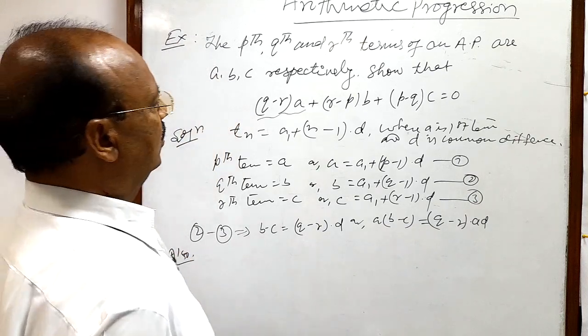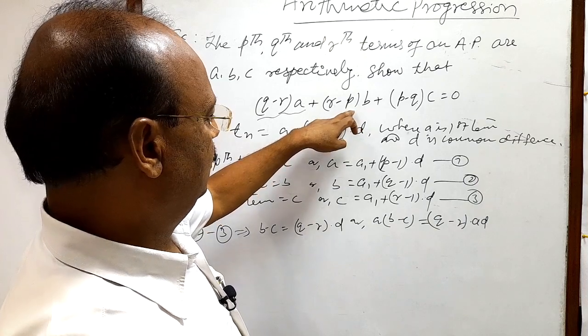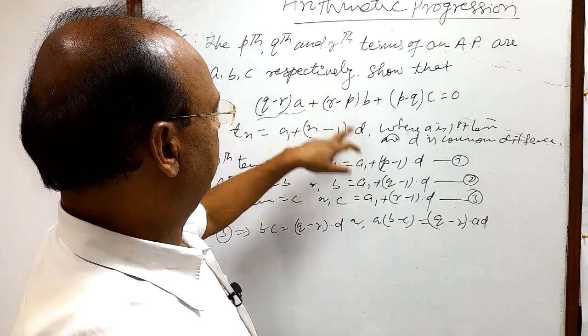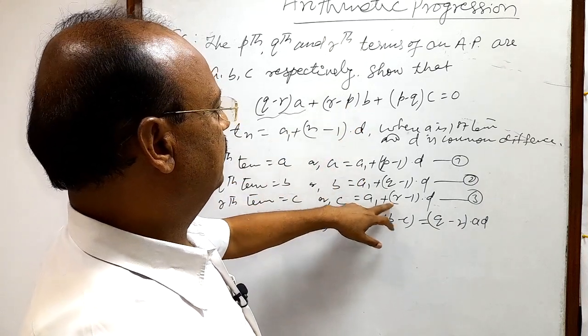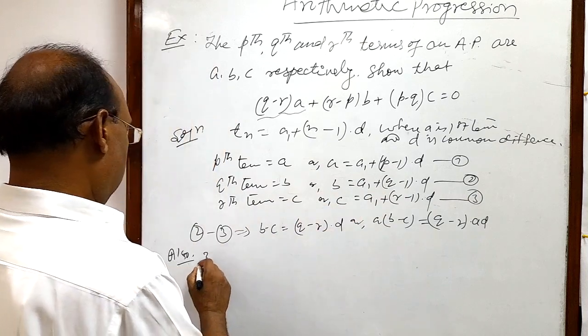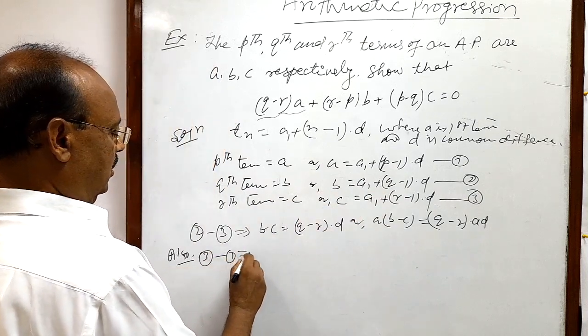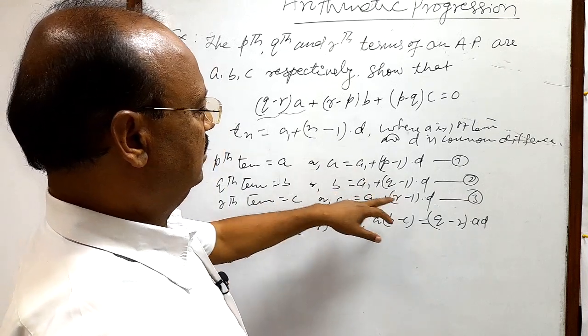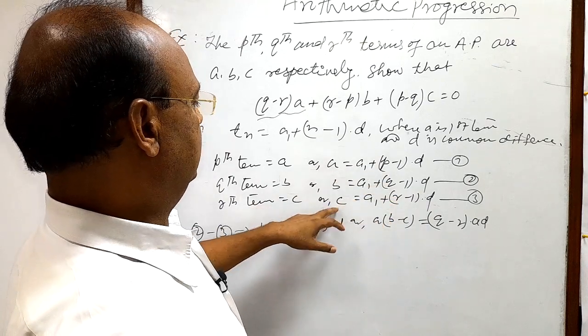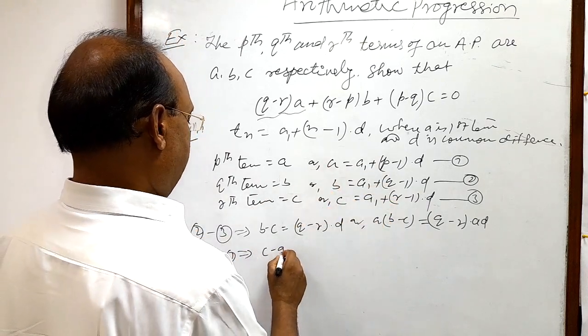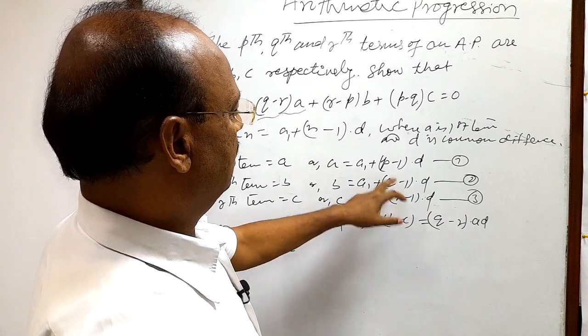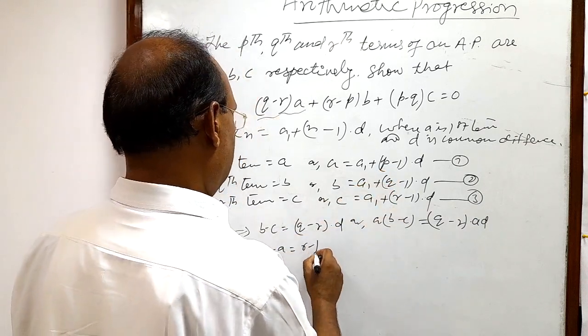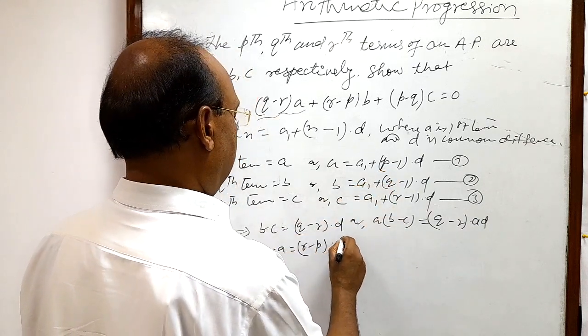for getting r minus p into b, we will get r minus p by 3 minus 1. So 3 minus 1 gives, on the left hand side, c minus a, which is equal to r minus p into d.